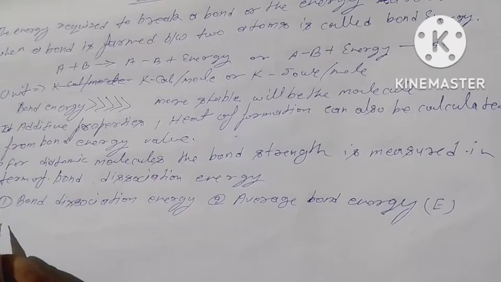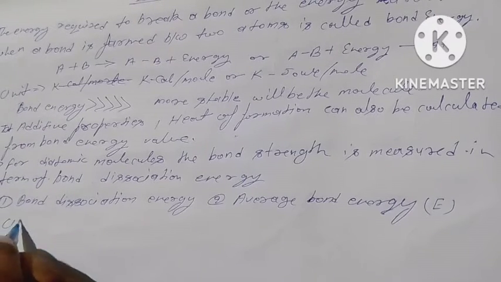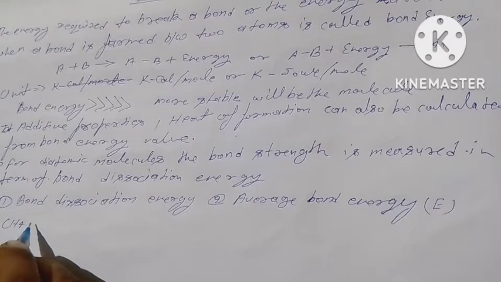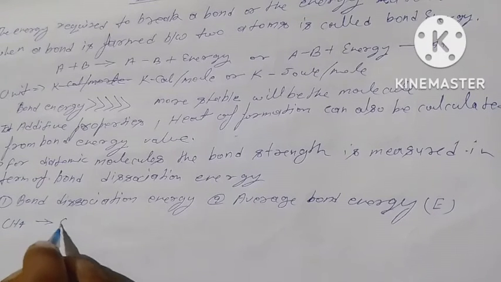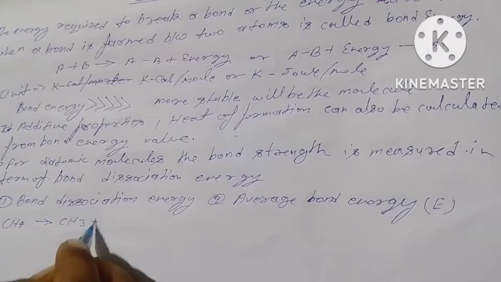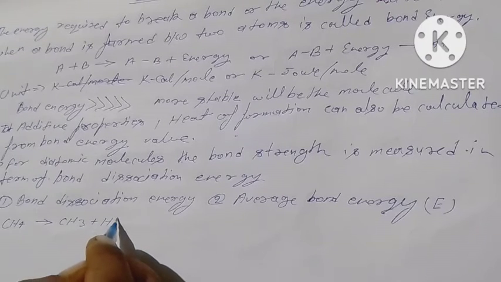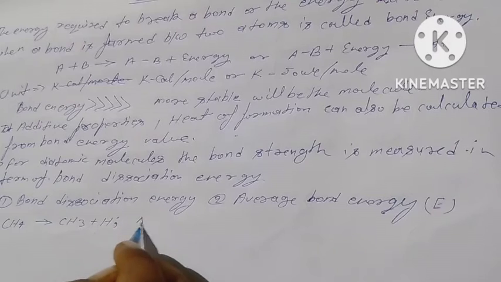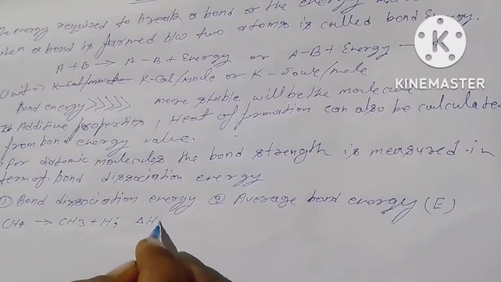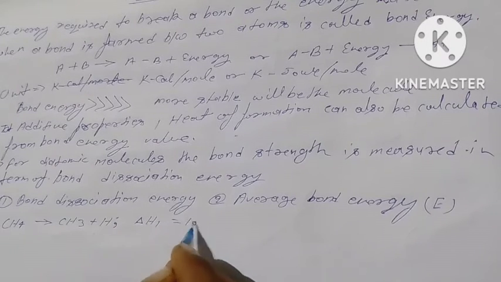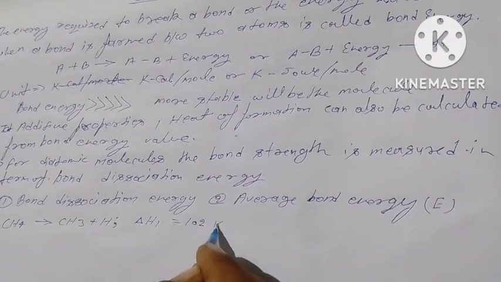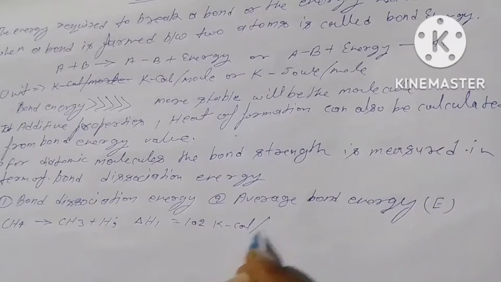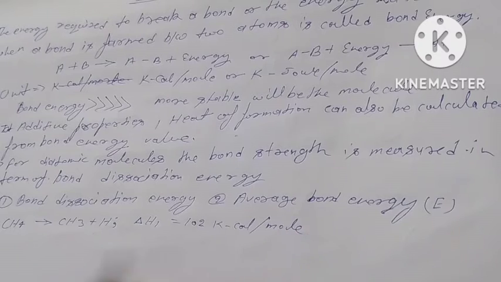As an example, CH4 gives CH3 plus hydrogen, and delta H1 equals 102 kilocalorie per mole.